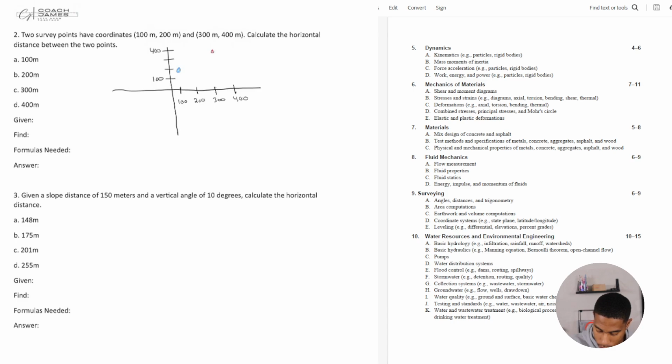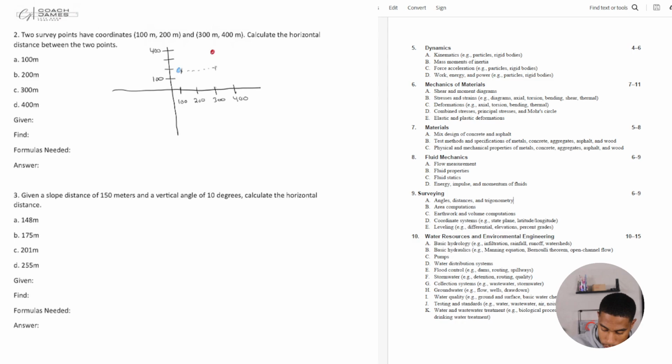That makes sense. So it's asking for the horizontal distance, which is from here to here, right? So what's that horizontal distance?